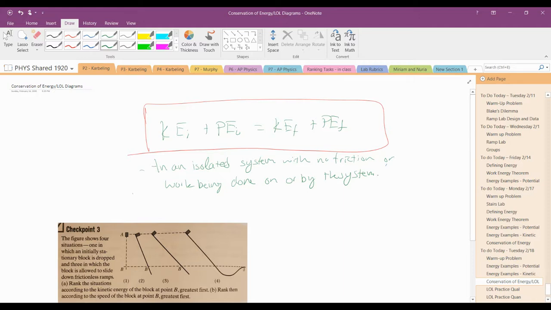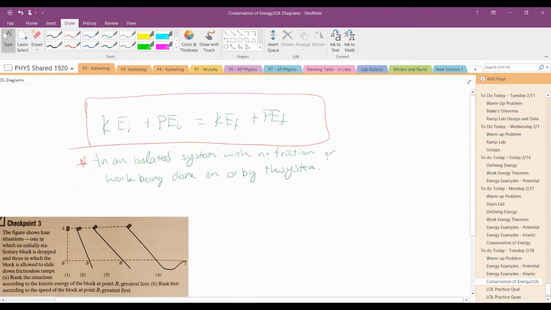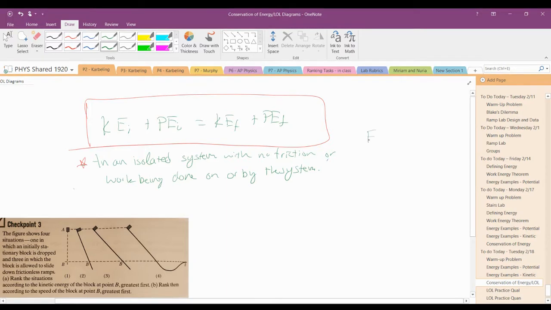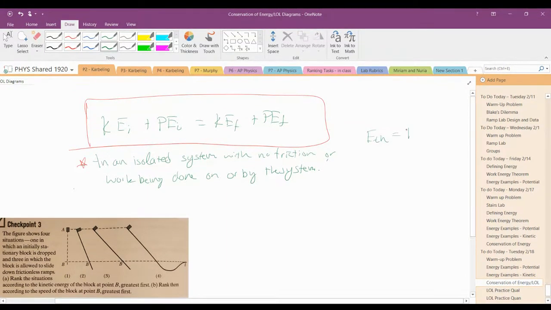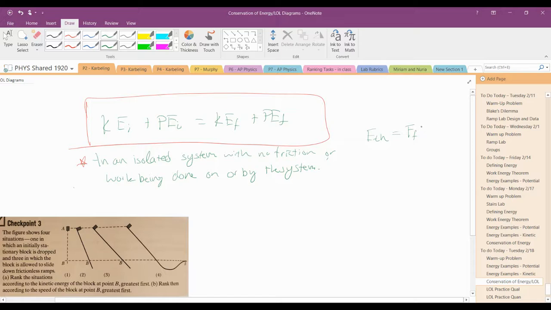Okay, so why do we make this exclusion here? If there's friction, then you're losing some of that energy to the heat happening with the road. And we define that as E thermal, which is equal to the force of friction times the distance that you're experiencing that force of friction over.